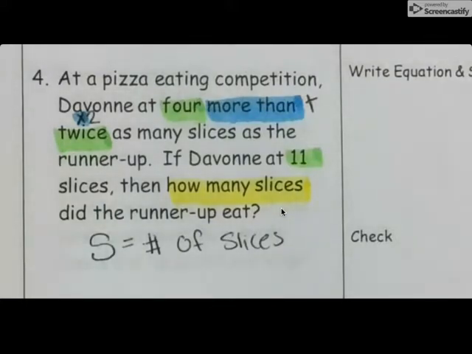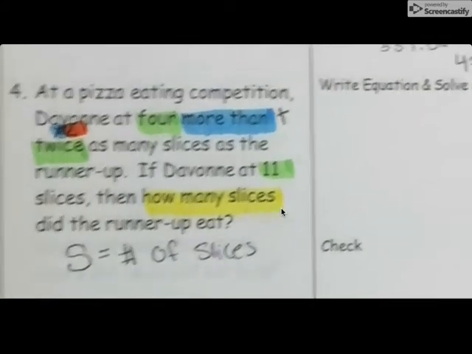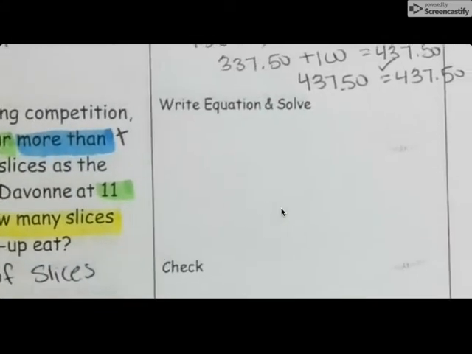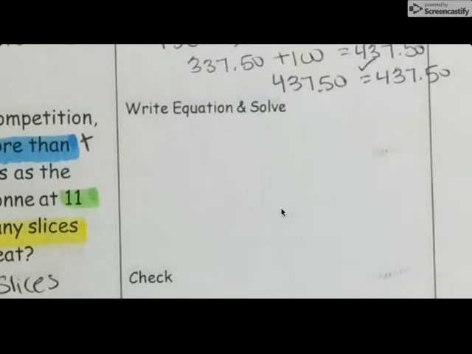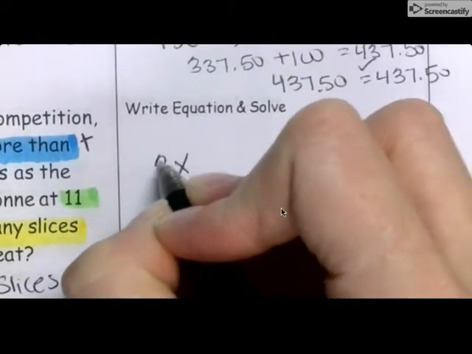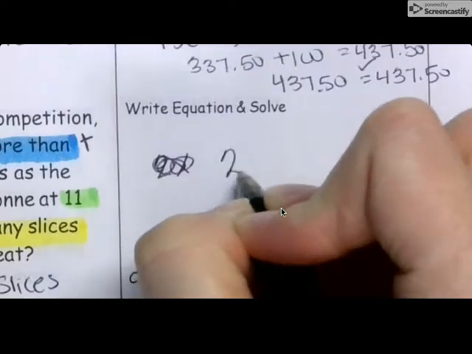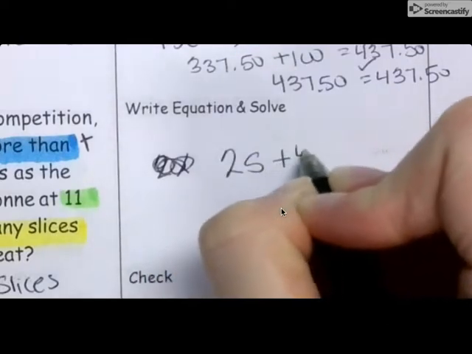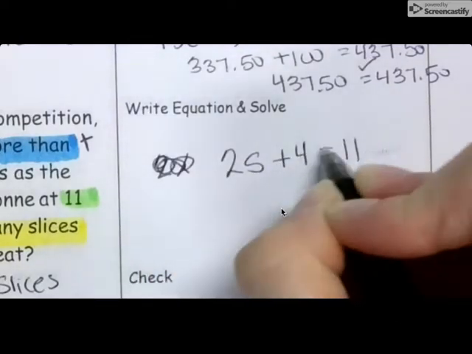The 4, the 2, or the 11? The 2, right? We even said it's times 2. So remember, when it says more than, we are going to flip, and it's going to be switched from what we originally thought it should be. So we will have 2s plus 4 equals 11.